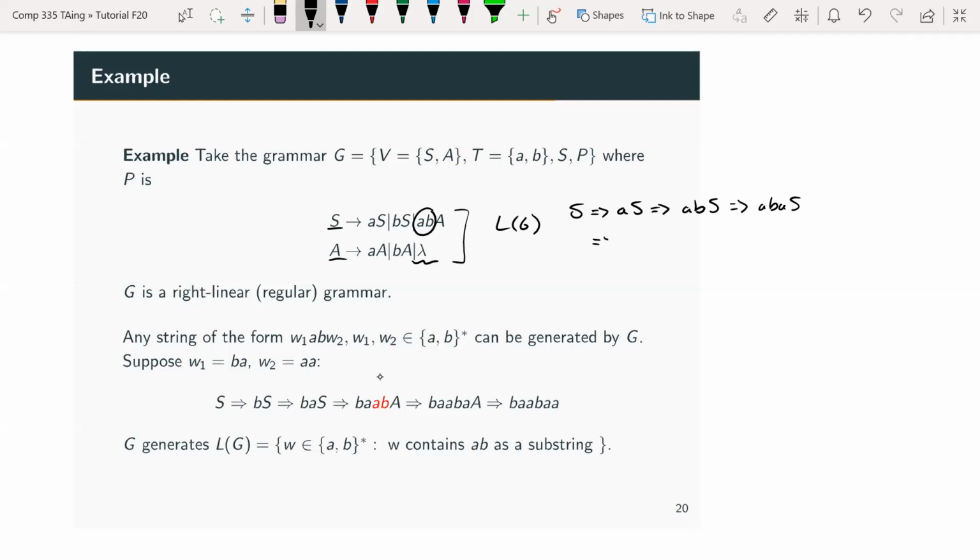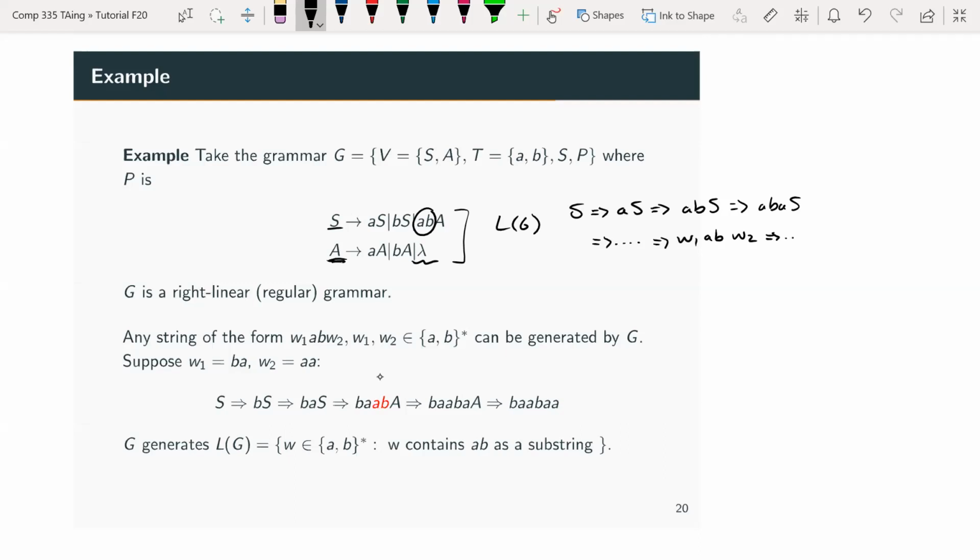So that means at some point, I'm going to have some string w1 over {a, b}, and then I'm going to have to read an ab, right? And then I can continue the process of saying, oh, I can have any string w2 over {a, b}, because when I'm at A, I can give myself either an a or a b, and I can have any permutation or combination of those.